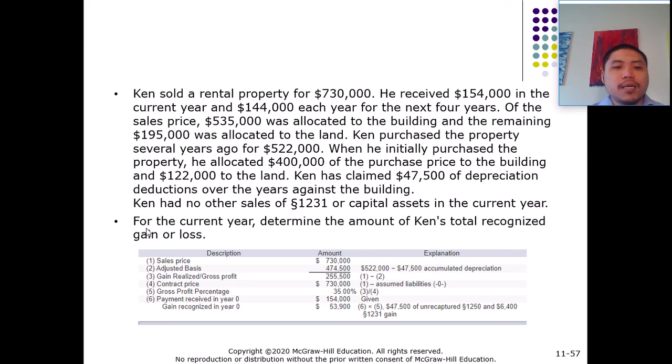He had no other sales of Section 1231 assets or capital assets in the current year. So the question asks, what is the amount of gain or loss that can be recognized in the current year? First of all, we have to calculate the gross profit percentage, right?